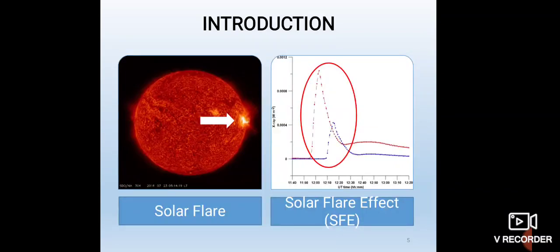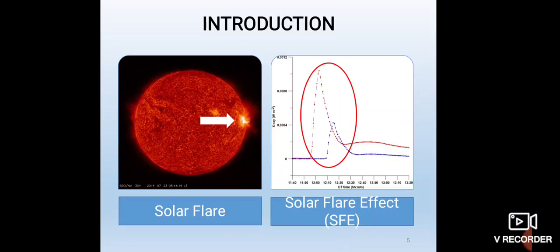I believe that everybody knows solar flare is an eruption of electromagnetic radiation from the sun. But how about SFE? SFE is referred as the effect of solar flare. Normally, it causes a sudden short-term increment on geomagnetic data due to the sudden increase of ionization process in the ionospheric layer.